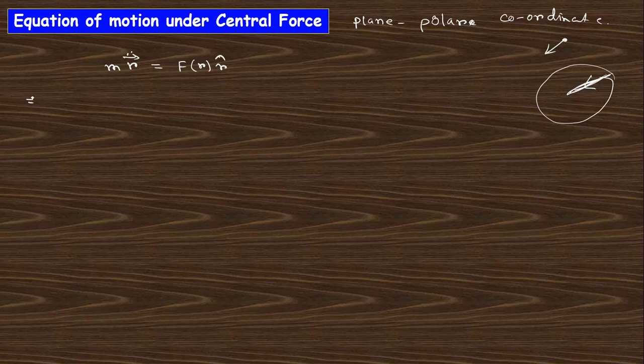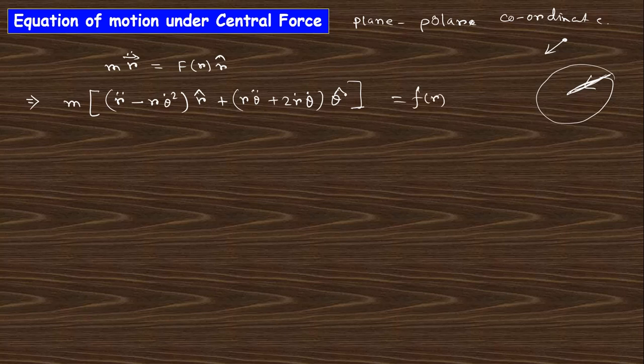In plane polar coordinates, as in the previous lecture, the acceleration can be written as (r double dot minus r theta dot square) r cap plus (r theta double dot plus 2 r dot theta dot) theta cap. This is the acceleration term, equal to f(r) r cap.